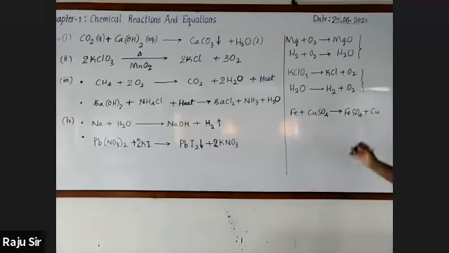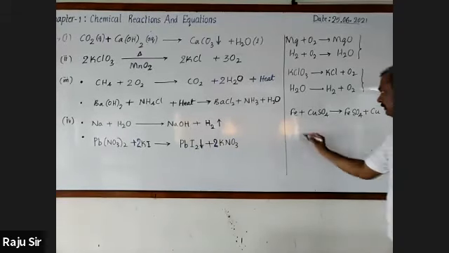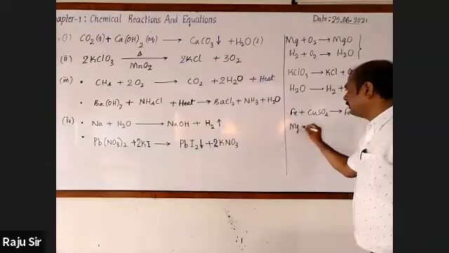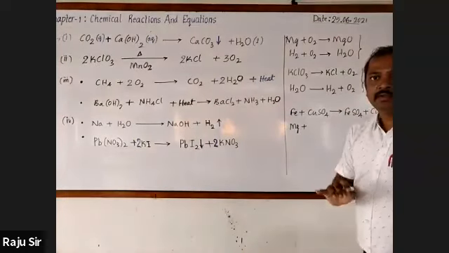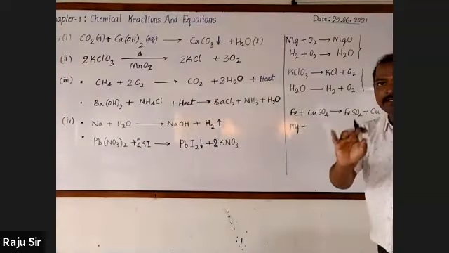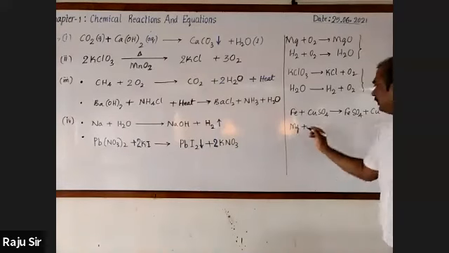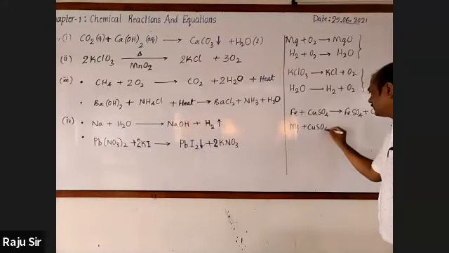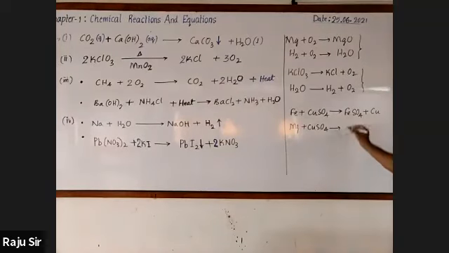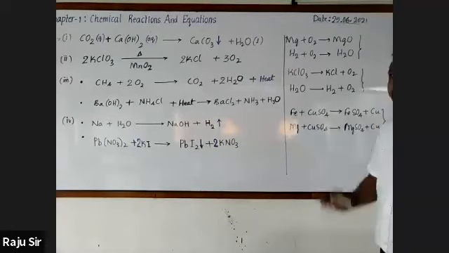Then copper gets separated. Similarly, if you place a magnesium ribbon or magnesium metal in copper sulfate solution, it gives MgSO4 plus Cu. Here also copper gets separated. This is one group.